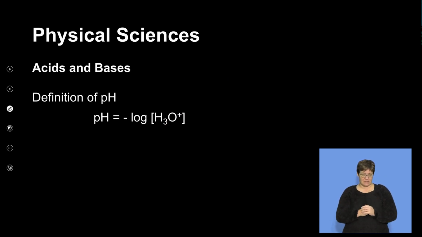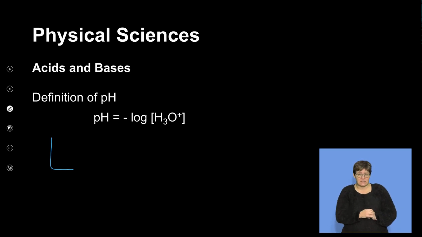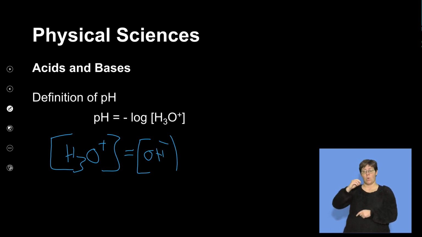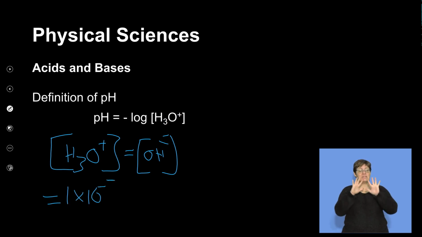And this gives us an opportunity to define what pH is. In fact, pH is just a log equation of what we've just seen of the Kw. All we're saying is that in a neutral situation, the hydrogen ion concentration is equal to the hydroxide ion concentration, and that means this will be equal to 1 times 10 to the minus 7.